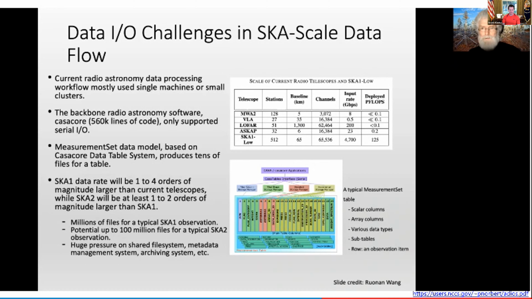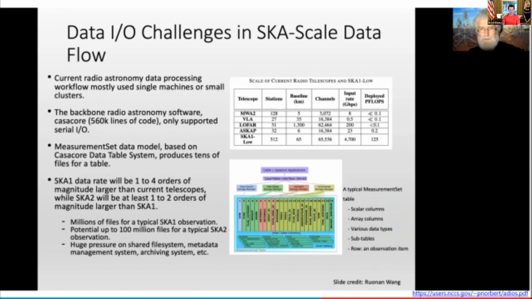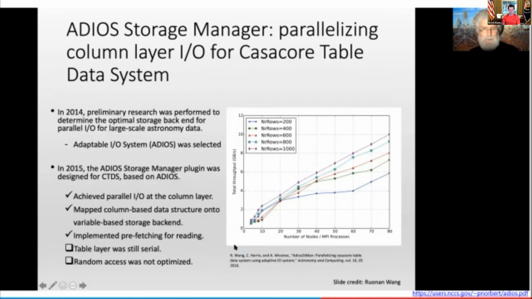The table on top right shows a comparison between current day radio telescopes and the SKA1 Low. And the lower part shows a depiction of the CDTS. The ADIOS storage manager is trying to parallelize the column layer I/O for the CASA-Core table data system.